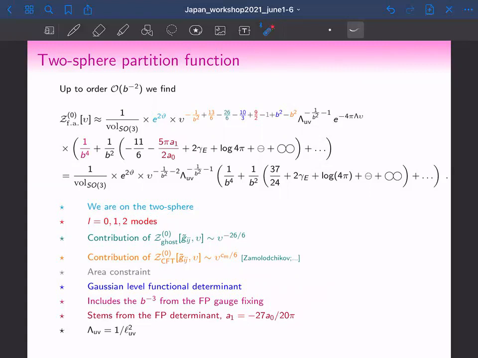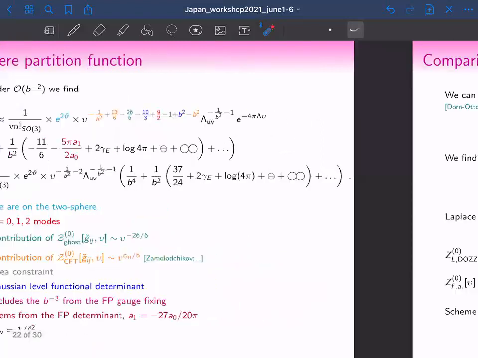Yeah, lambda UV goes as 1/L squared, so 1/L UV squared. I see. And then there is a power of that which goes to minus infinity. Exactly, it basically kills the dimension in upsilon. I see. Okay, thank you. You're welcome. Thank you so much, it's a very good question.